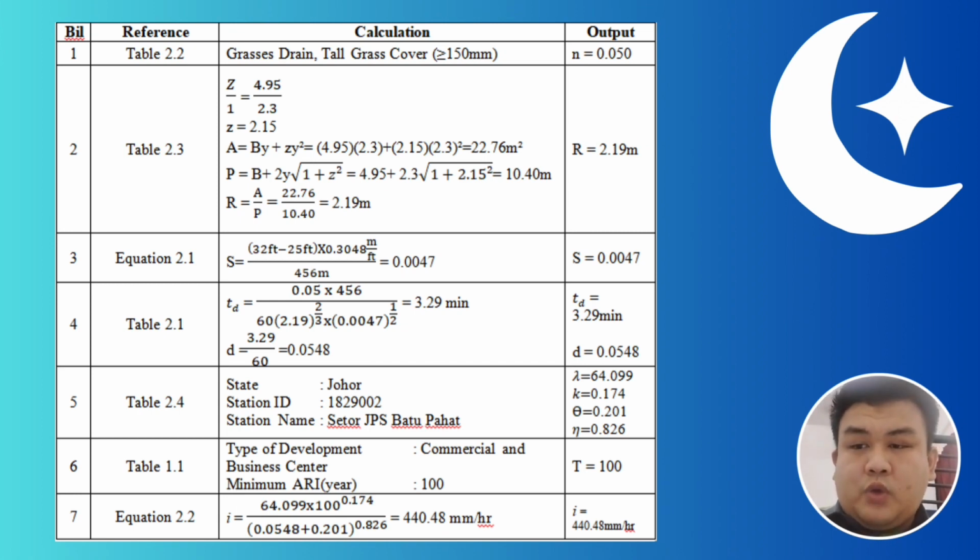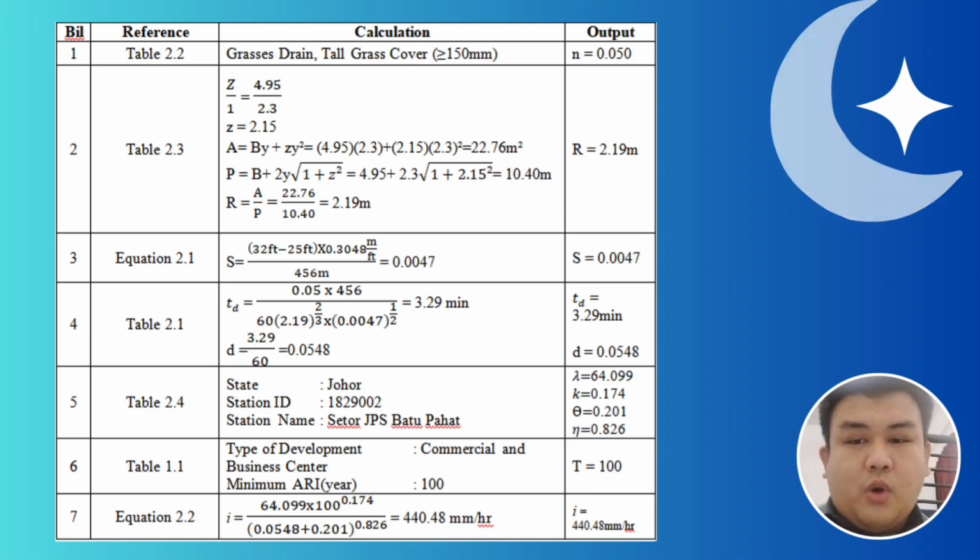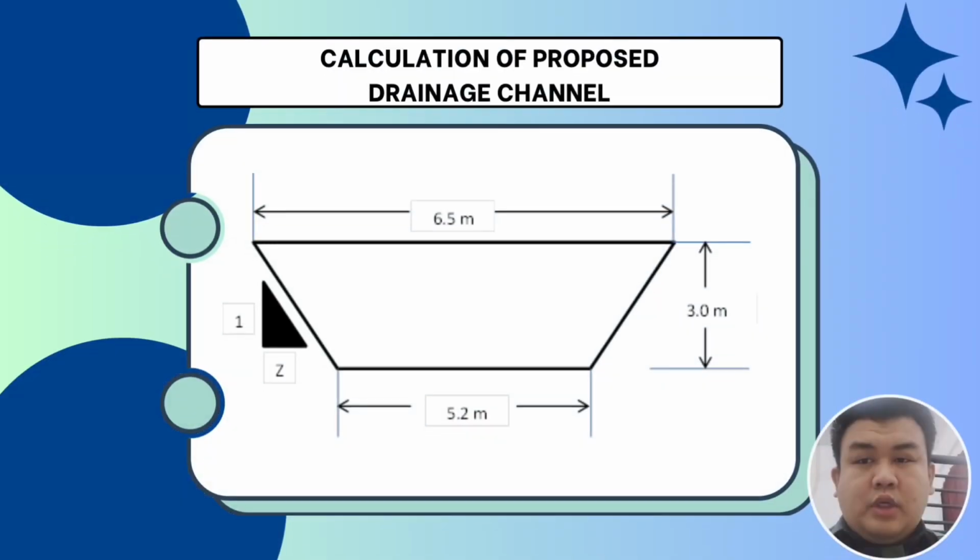And from equation 2.2, we calculate from the collected data in number 1 to number 6. So we use the formula, and then we got 440.48 mm per hour. In this diagram, we can see the proposed drainage channel that we chose.